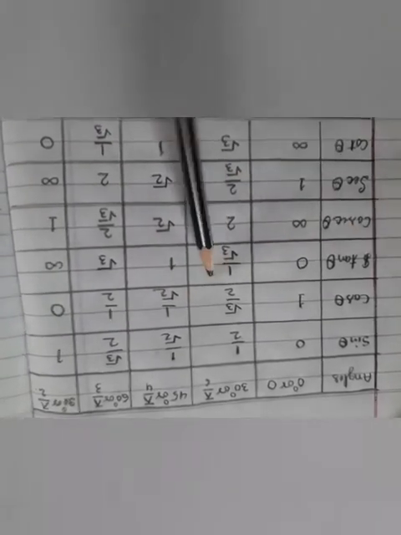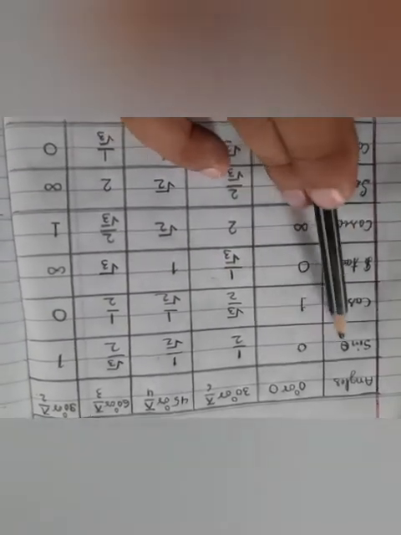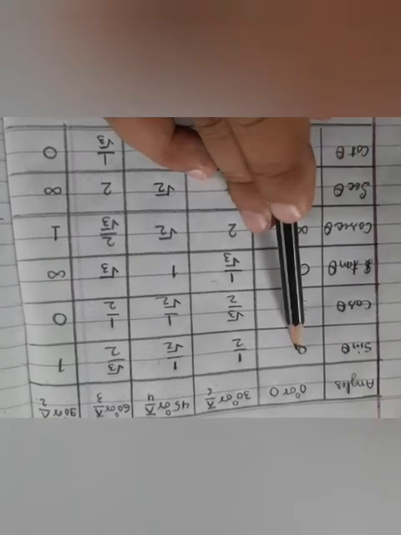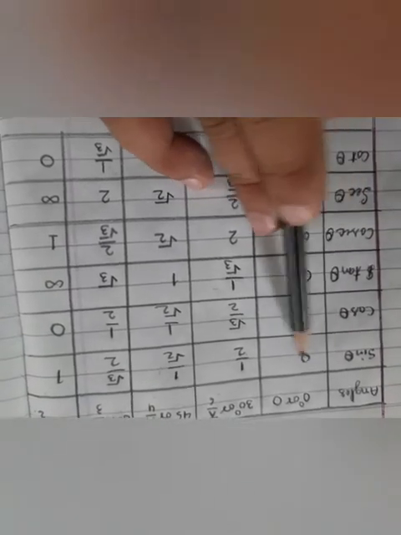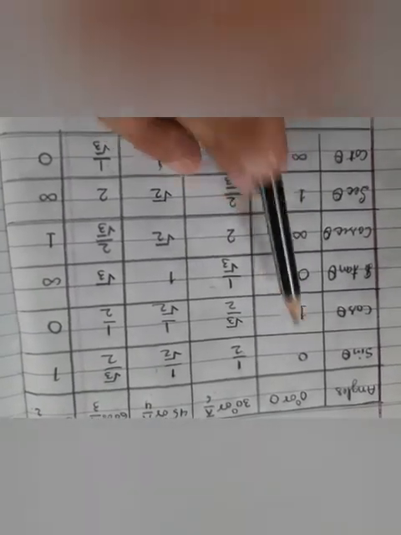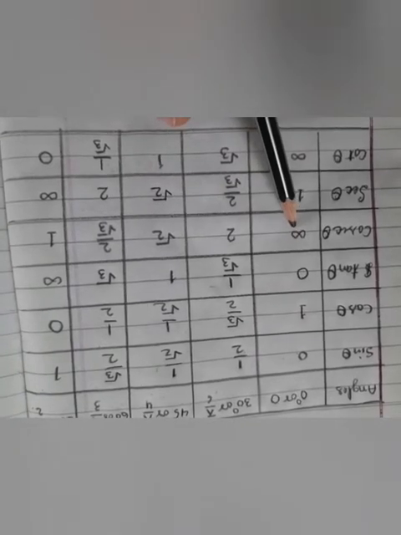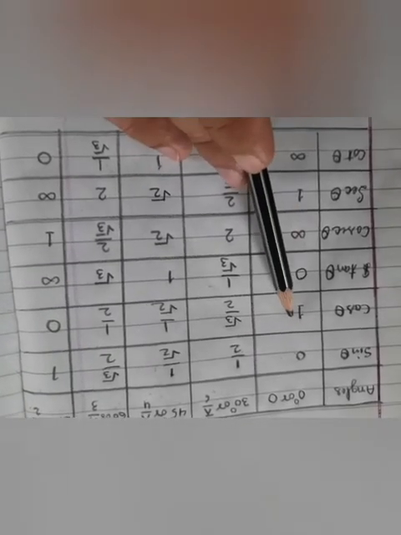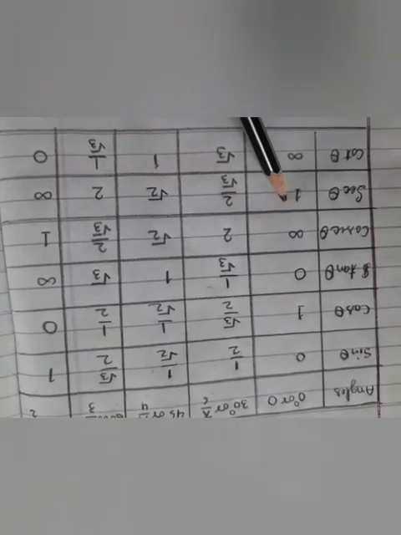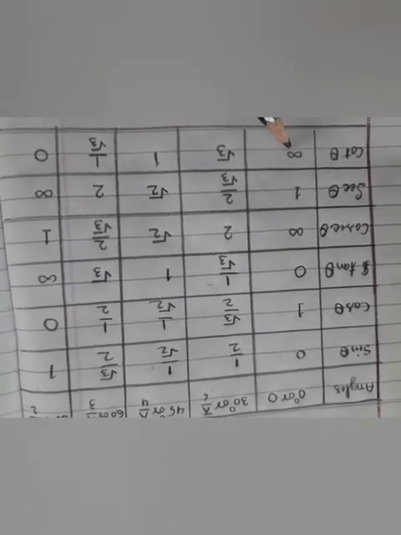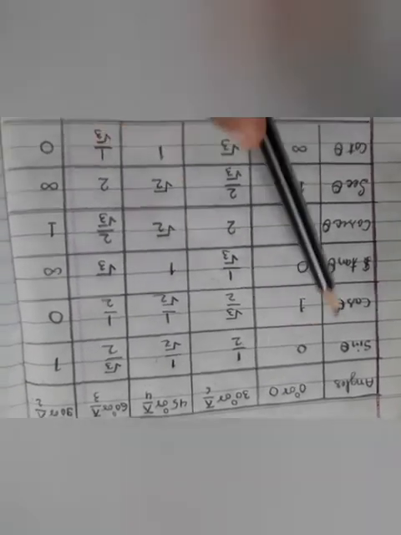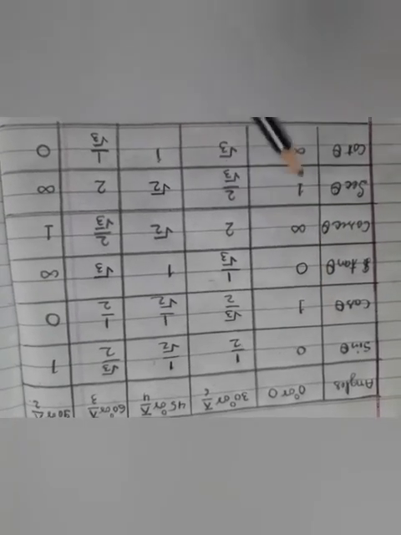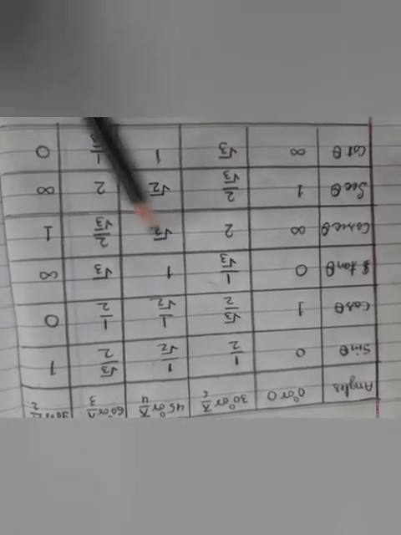Cos theta is just the opposite of sin theta. Cosec is infinity, then 1 by 1, and so on. In these three we find the other three are just the opposite. Clear?